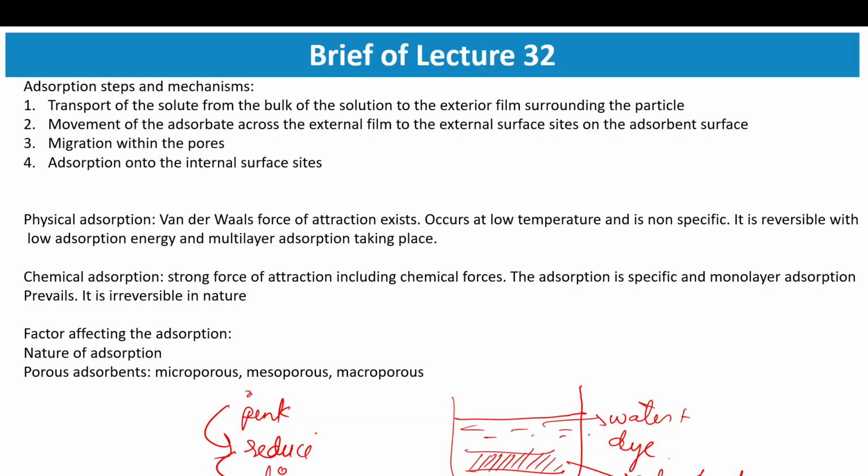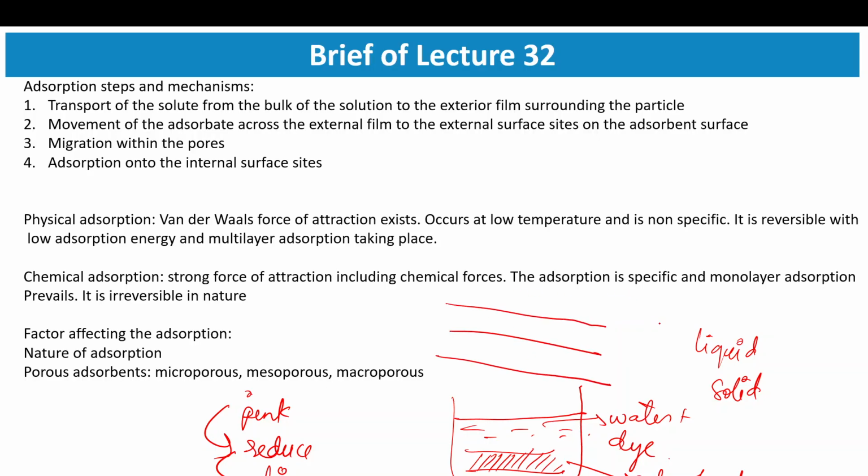scale, this is involving multiple steps, right? So first, the dye molecule is present in the water solution, right? So the water as a whole solution and the dye molecules are present in the bulk. Now this interaction is involving two phases. One is the liquid phase, another is the solid phase. And when you are involving two phases, you will have a boundary layer, right?